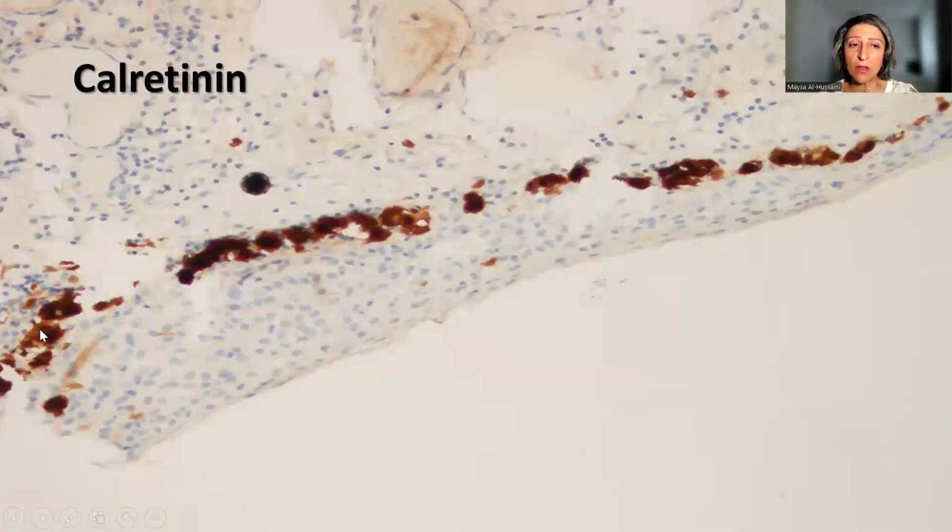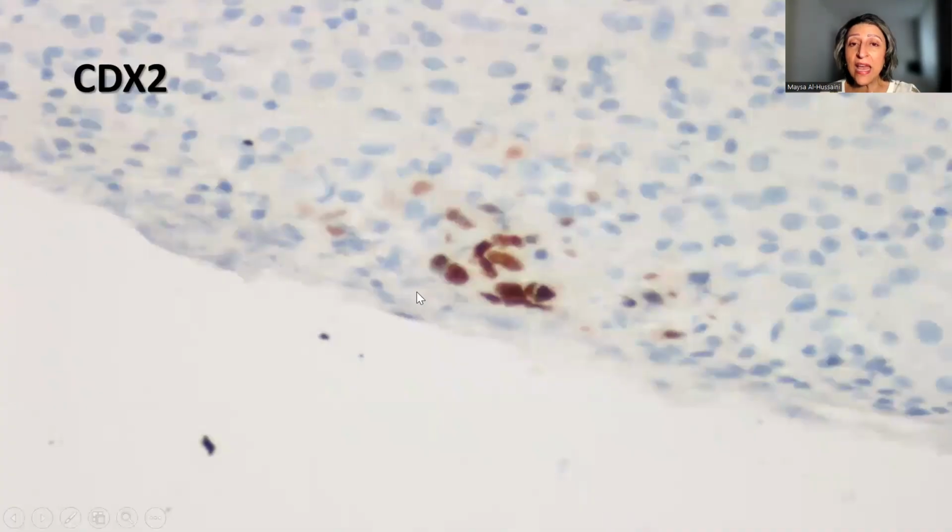And then there is another focus where the calretinin is positive in the mesothelial cells, and there is reaction beyond, after the mesothelial cells into the peritoneal cavity, and then the CDX2 shows scattered malignant tumor cells and poorly formed glands beyond the calretinin positivity, which would be equal to perforation.